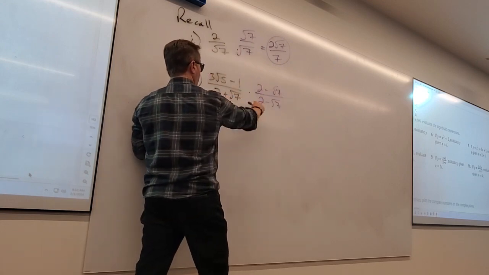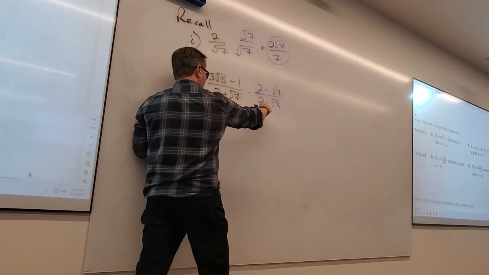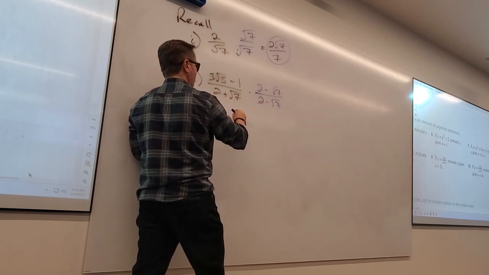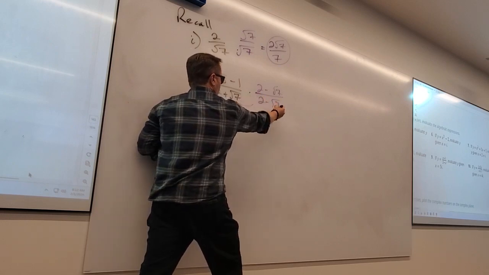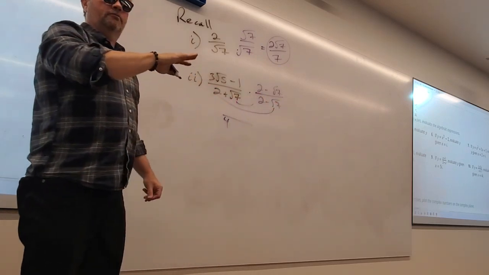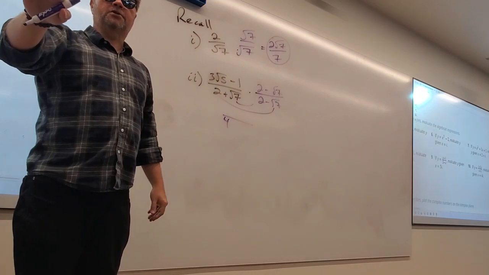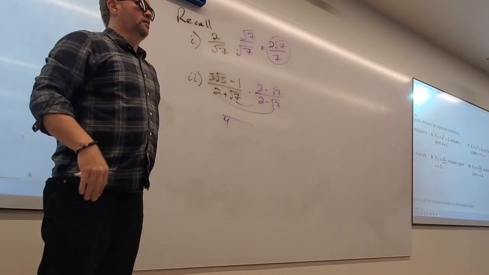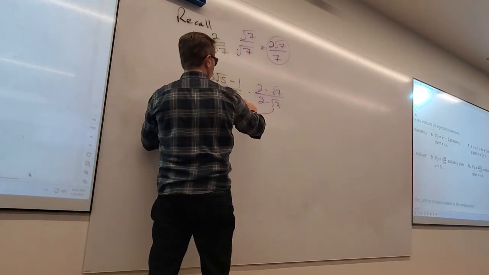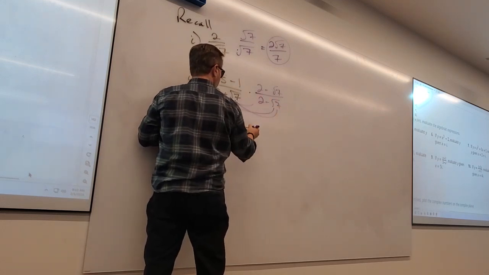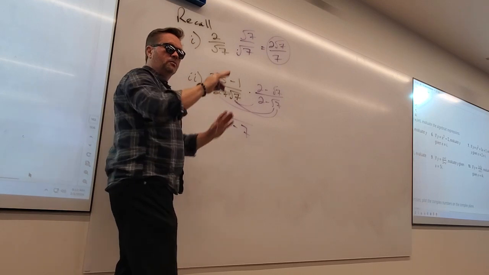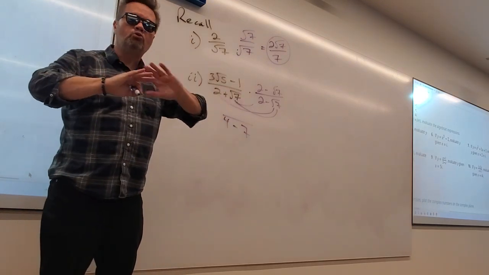What do I get? 4, and then plus 2 rad 7 minus 2 rad 7. The only place a radical could have shown up is dead. And at the end, rad 7 times rad 7 is 7. So the bottom is now rational.